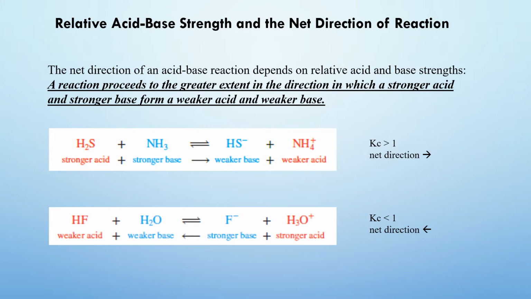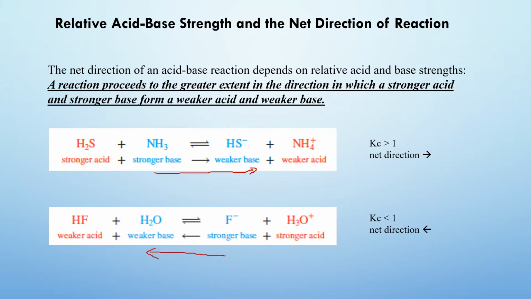So the reaction will prefer stronger acid and base to produce weaker acid and base. In this case, we have a stronger acid and stronger base on the left, so the net reaction will go toward the right-hand side, or toward the side of the weaker acid and base. And in the second reaction, we have a stronger acid and base pair on the right-hand side, so the reaction will proceed to the left.